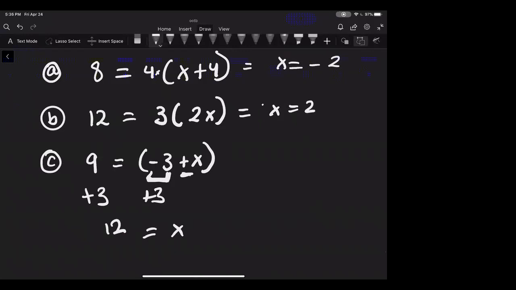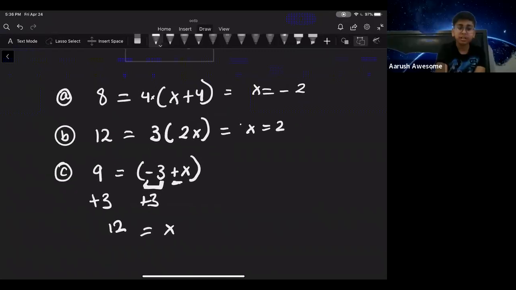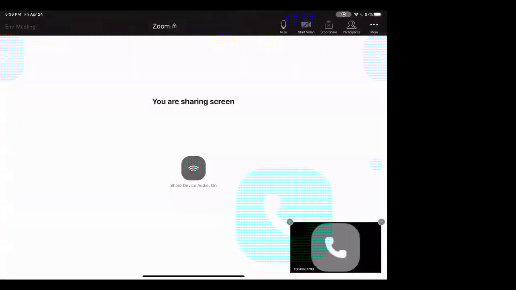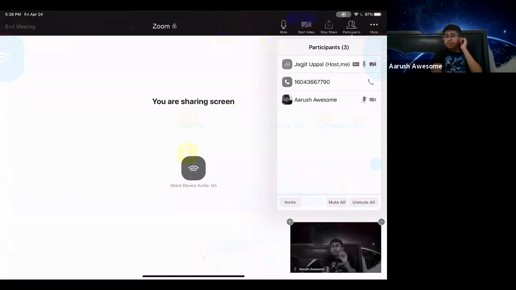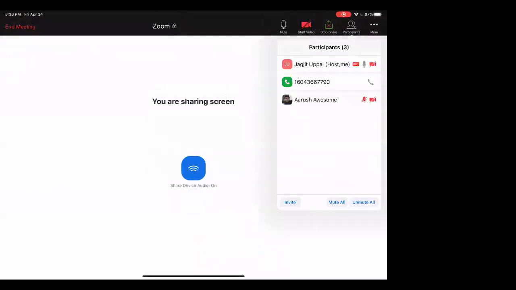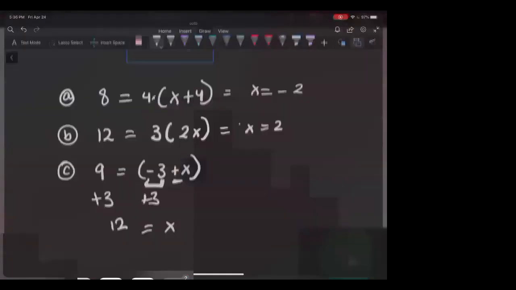Your screen went away. My screen went away? Is it still there? I could still see it. No, it's gone now. Okay, 1 minute. Let me share screen. There, can you see it now?